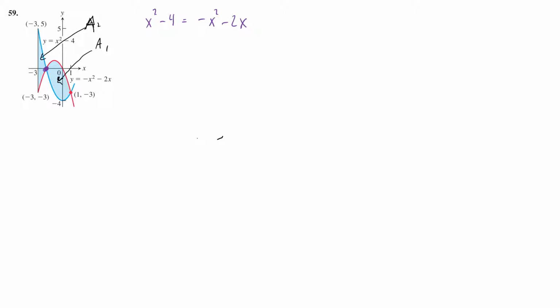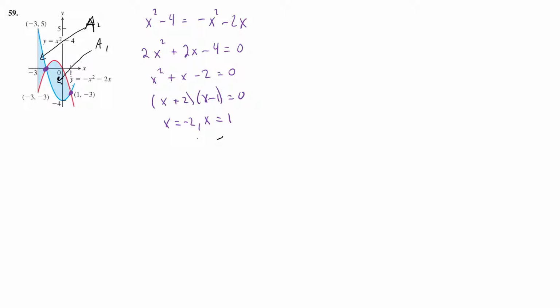If I add x squared to both sides, and then I move the negative 2x to the left, so I've got 0 on the other side, I can divide the equation by 2 and factor, and I got negative 2 and 1. So these two curves intersect at x equals negative 2 and x equals 1. Based on this point right here, the negative 3, I can see they intersected at 1.